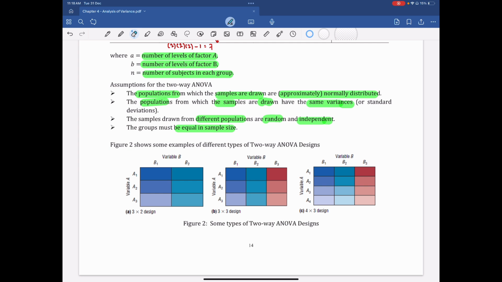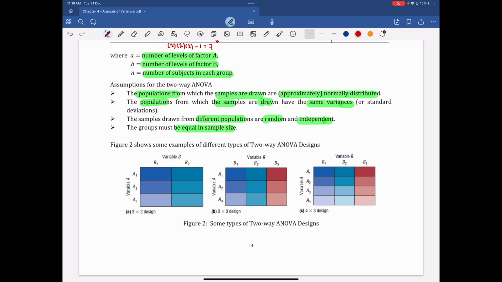Here, variable B has three levels and variable A has three levels, so this is a 3 by 3 design. And for the last example, we have 4 levels for variable A and 3 levels for variable B, so this is a 4 times 3 design.